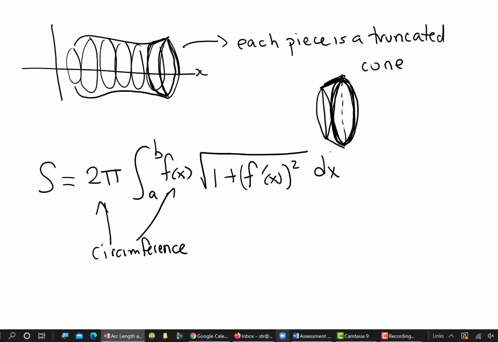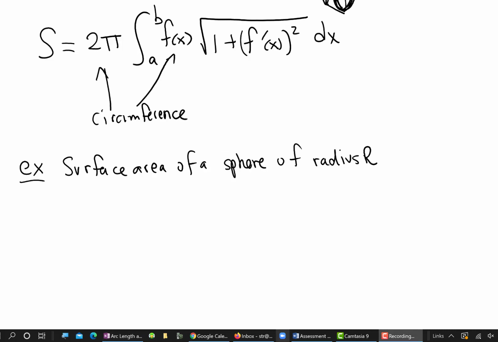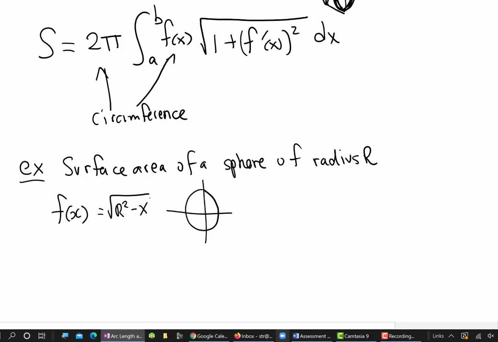And so let's verify one that you have seen before, I hope, which is the surface area of a sphere of radius r. So we need to start with the function, and our function is going to be a circle of radius r, so the square root of r squared minus x squared. The derivative of this function is negative x over the square root of r squared minus x squared.